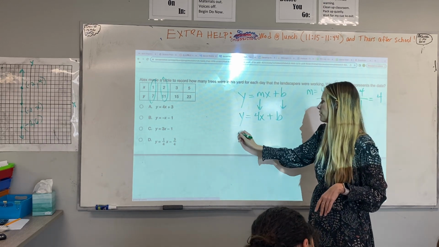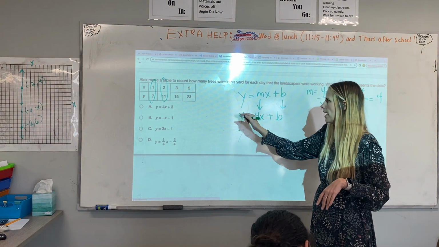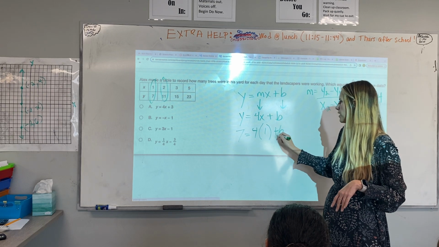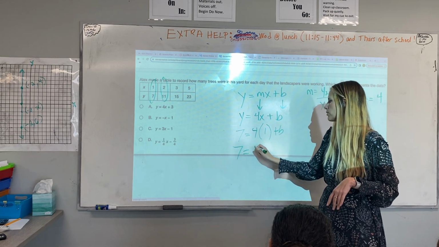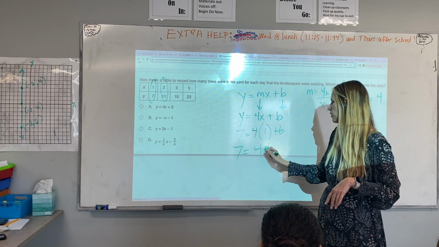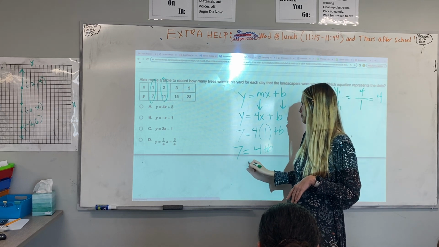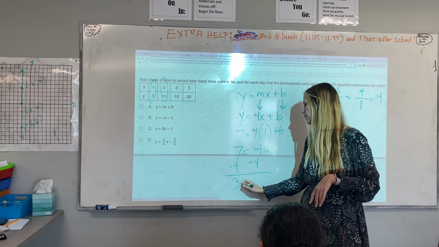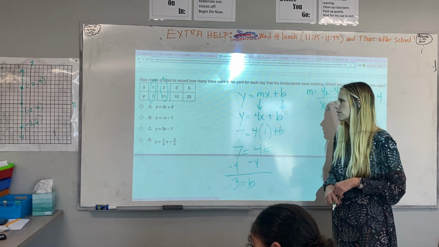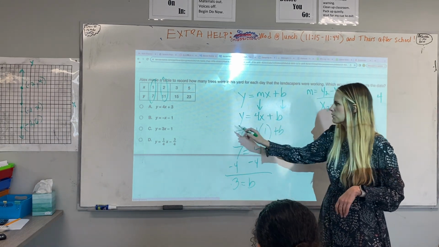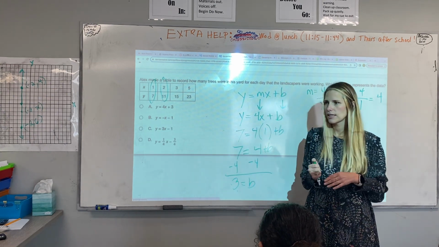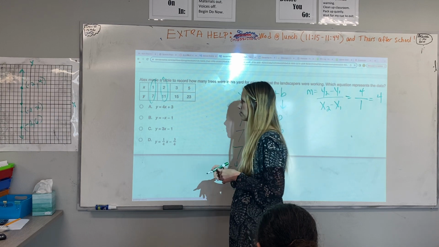We'll plug in 7 for y and 1 for x. So we have 4 times 1 plus b. 7 equals 4 plus b. What does b equal? 3. So our slope's 4, y-intercept is 3. Now we are guaranteed that that answer is correct, right? Is it A, right? It is.